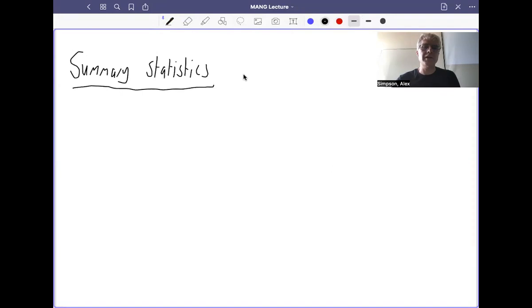Summary statistics are values that capture some important property of the data. So they summarize a property of the data, values that capture properties of the data.